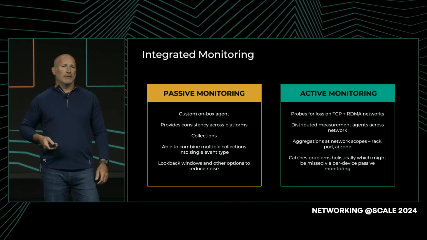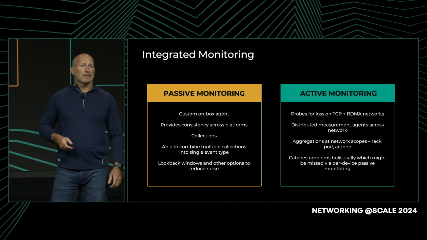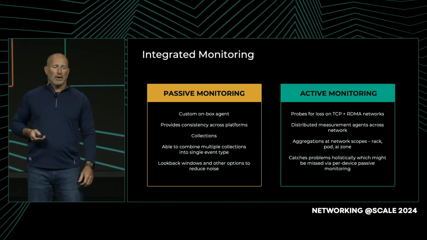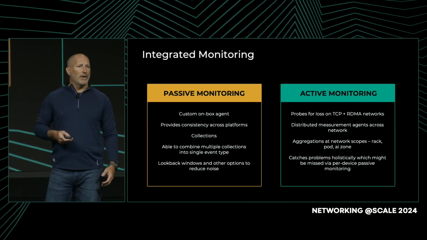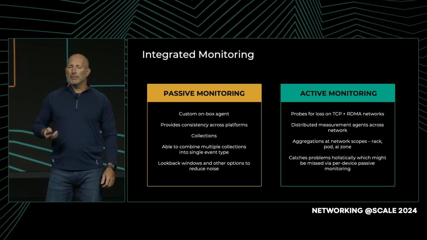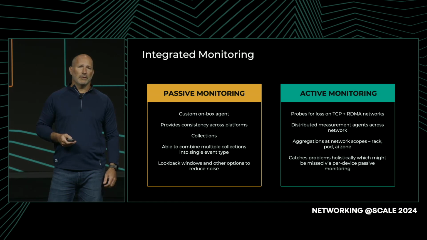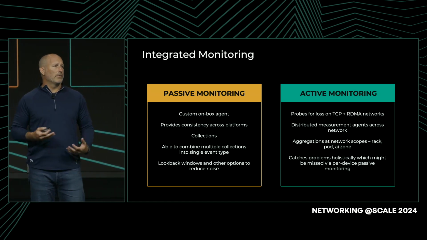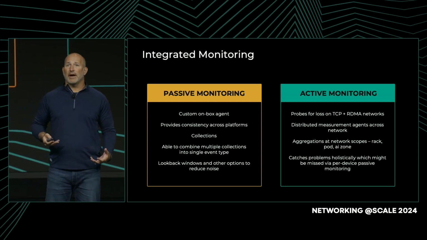So let's talk about integrated monitoring and what that means at Meta. Passive monitoring is what most people would consider to be traditional monitoring. It's about detecting, triaging, and alarming on on-box events, right? And these could be SNMP, vendor-specific counters, log patterns, et cetera. The issue here is that we run a heterogeneous network, so the monitoring space is very fragmented.